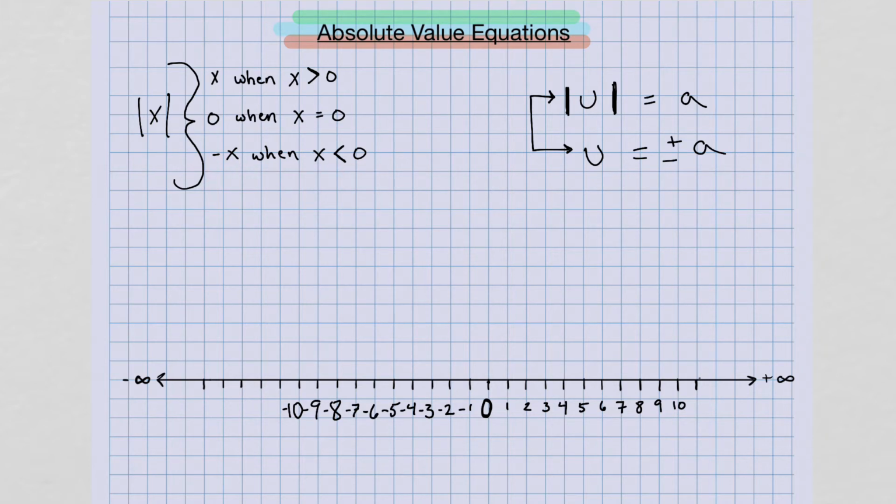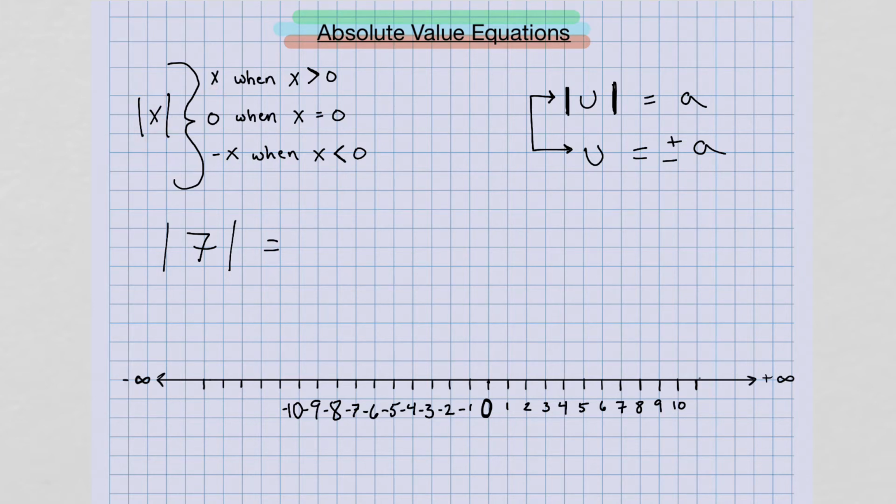What does this mean? If I have the absolute value of 7, that's a positive number. x is greater than 0. 7 is greater than 0. So that means that when I take these absolute value signs off, it just equals x.